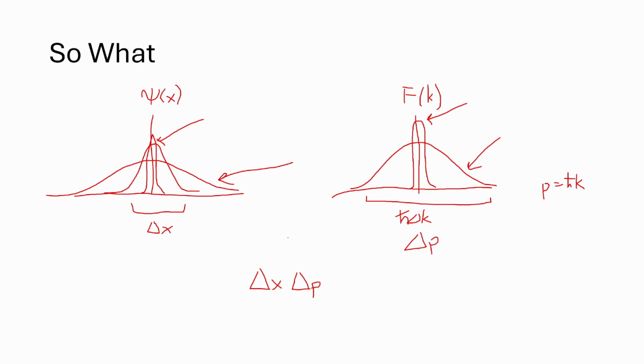In order to make a function that is squeezed into a small space, it must have a large range of momentum values. And there is a minimum that you can possibly achieve with this multiplication. And this is where those coefficients, the 1 over square root of 2a, in these Fourier transforms, this is actually how you calculate this value.